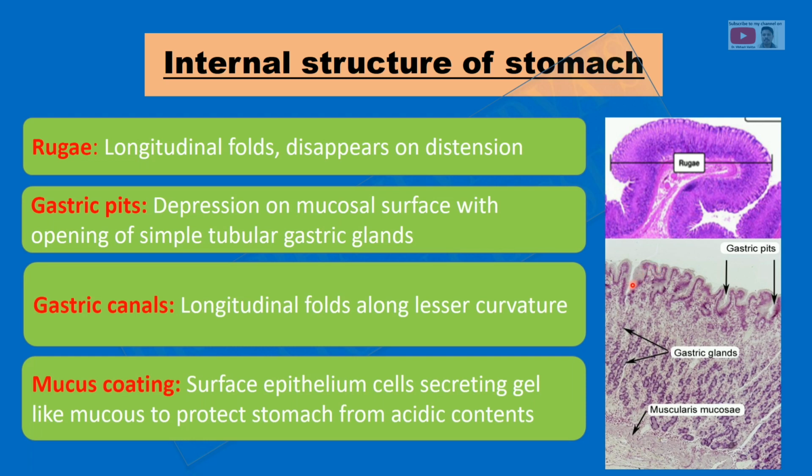This secreted gel-like mucus acts as a protection of the stomach from the acidic content. So in the internal structure of the stomach, we have these 4 structures, that is the rugae, gastric pit, gastric canal, and the mucus coating.